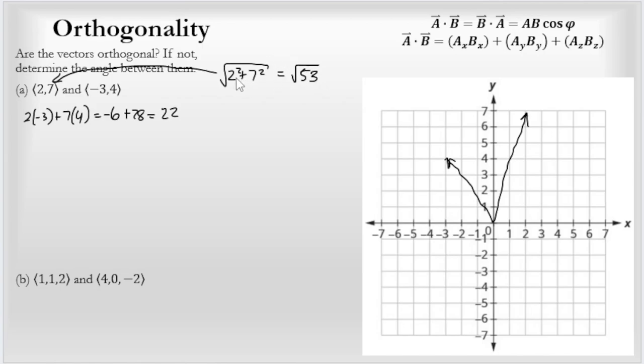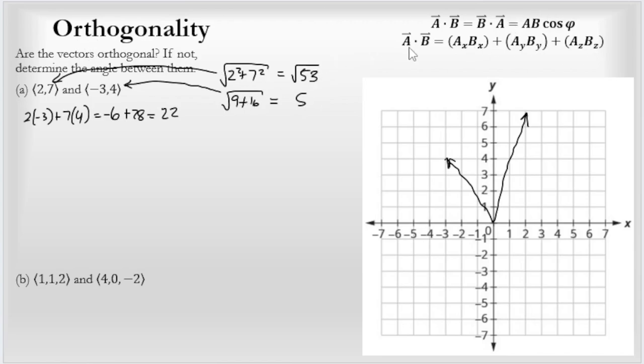So that's the magnitude of that vector. I can also do the magnitude of this vector, but I'm going to kind of cheat on this. I already noticed it's 3, 4. We know about 3, 4, 5 triangles. So I get the square root of 9 plus 16, which is the square root of 25, which is 5.